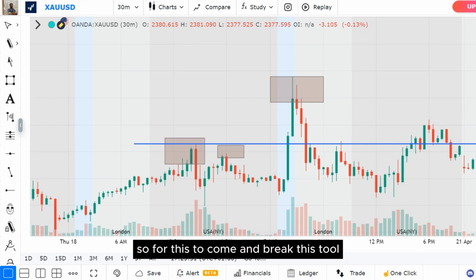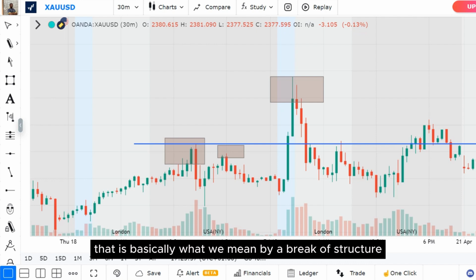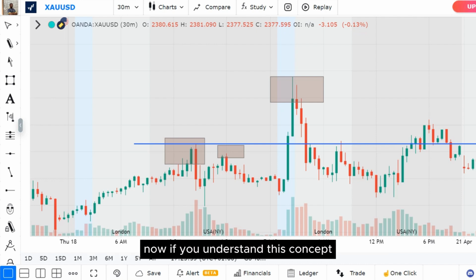So for this to come and break these two structures right here, it is known as a break of structure. So that is basically what we mean by a break of structure. Now, if you understand this concept, then you are good to go. Now, as I tell you, this requires patience and it really works out perfectly. That's what I do. It gives you 1 to 3 risk to reward.